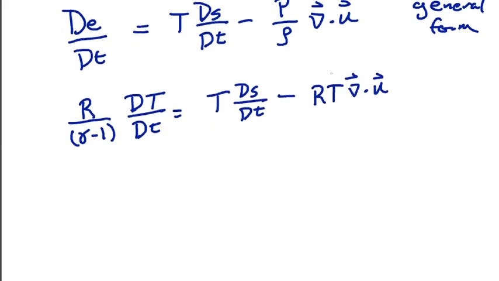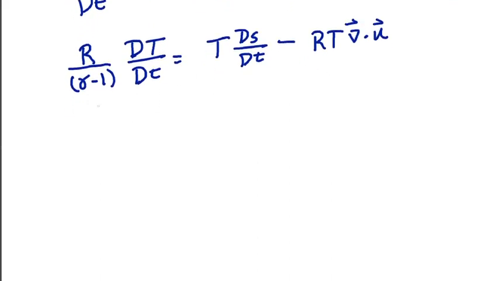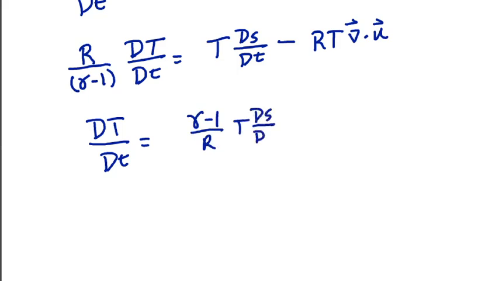All right, so if we now clean things up by dividing things across, we get that dT dt is equal to gamma minus 1 over R times T ds dt, minus, the R's canceled, but the gamma minus 1 is still here, so minus gamma minus 1 T div u.